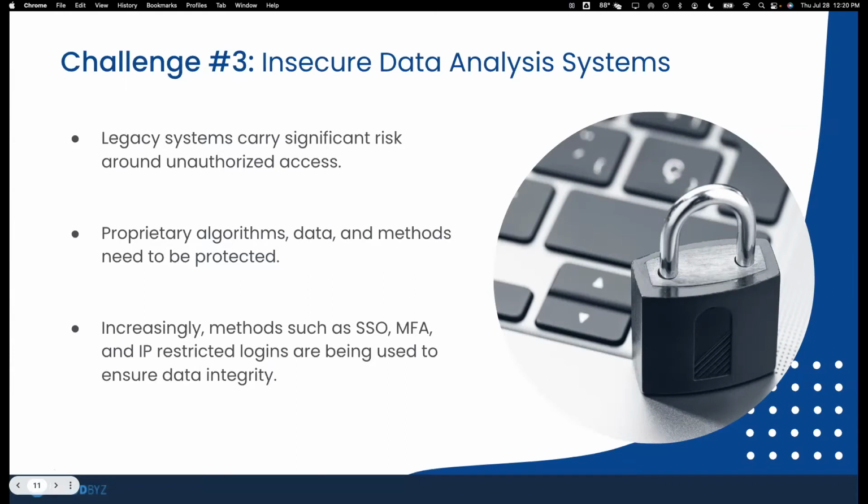But we're seeing even more sophisticated methods being employed now, even things like IP restricted logins. What that means is that at the system level, we can set up sets of IP addresses, and only those IP addresses can access our system. So we're going one level deeper in making sure that the users accessing our systems are indeed the people who have the correct credentials to do so.